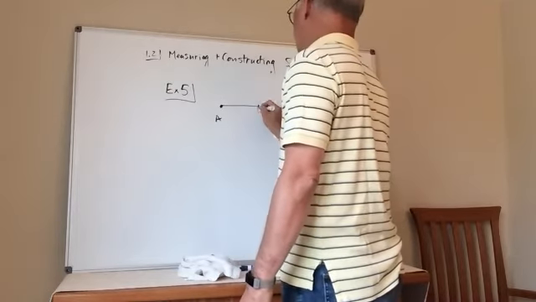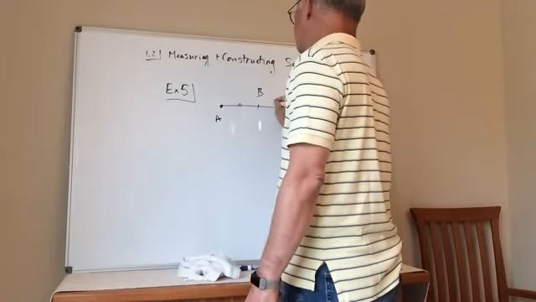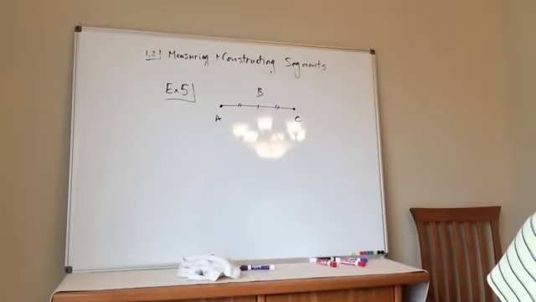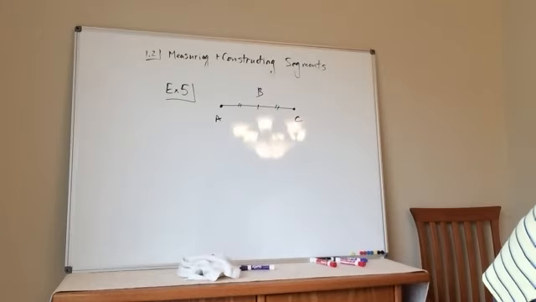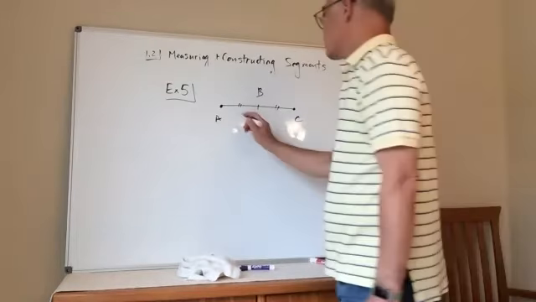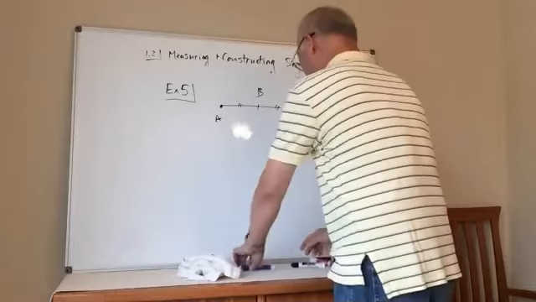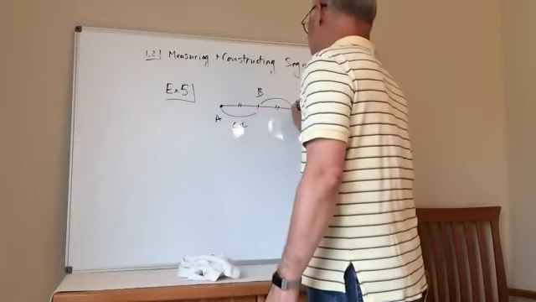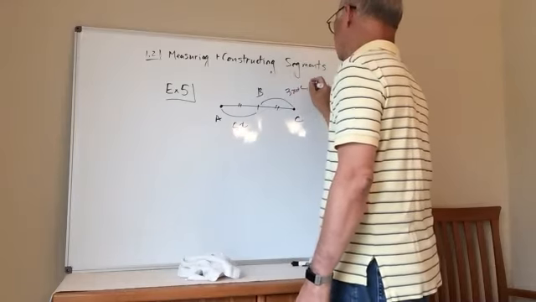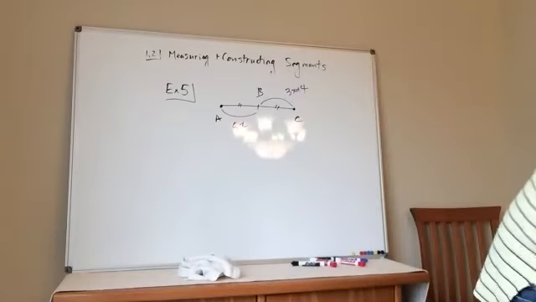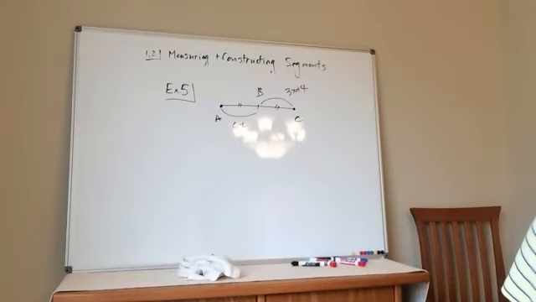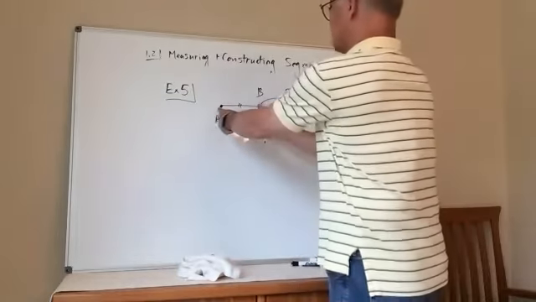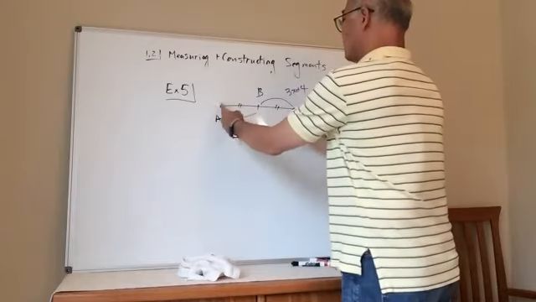In other words, AB and BC are the same. AB is 5x, BC is 3x plus 4. Find AB, BC, and AC. So I have to find this length and the entire length.